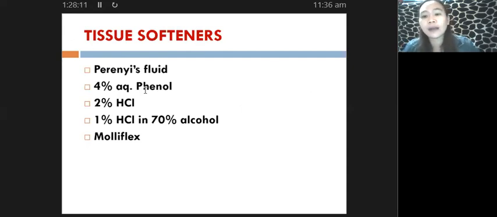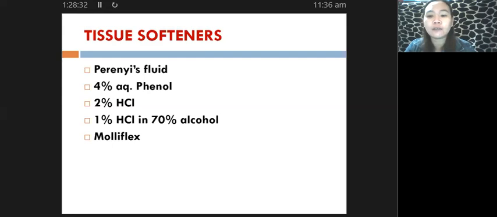Since they are unduly hard, they would also require tissue softening, which will prevent damage to your microtome, particularly to your microtome knife.